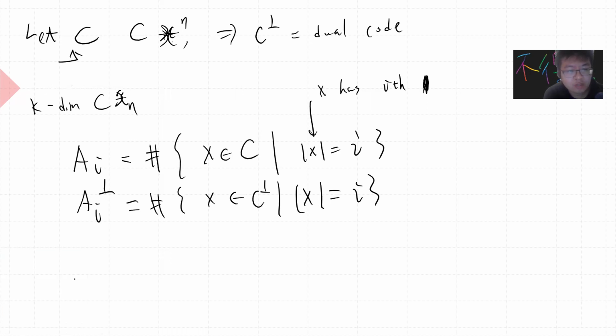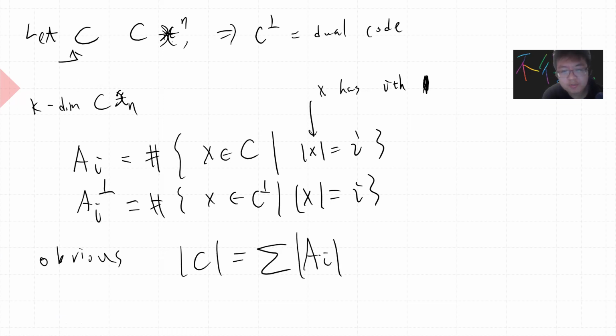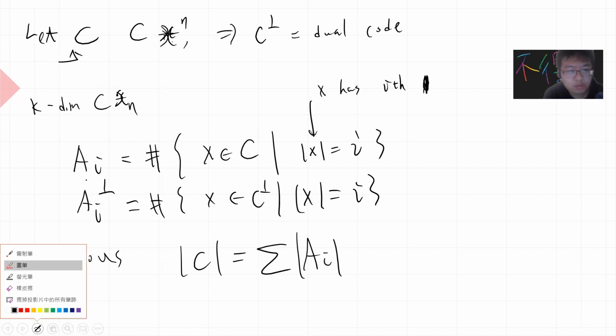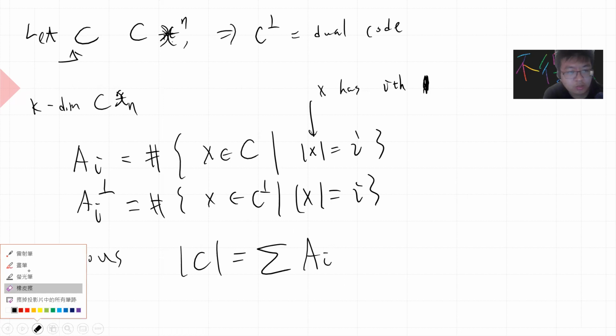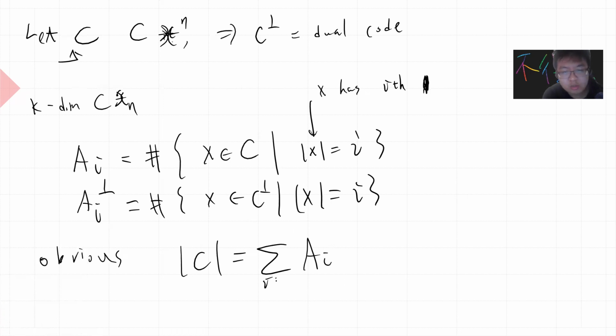Obviously, the number of vectors in the code is just the summation of all the A_i, where the weight can be i from 0 to n, because you have an n-bit string.